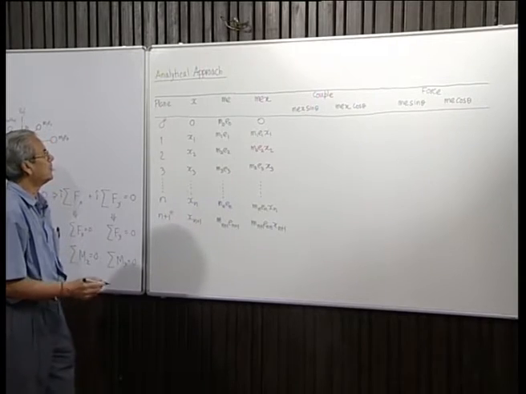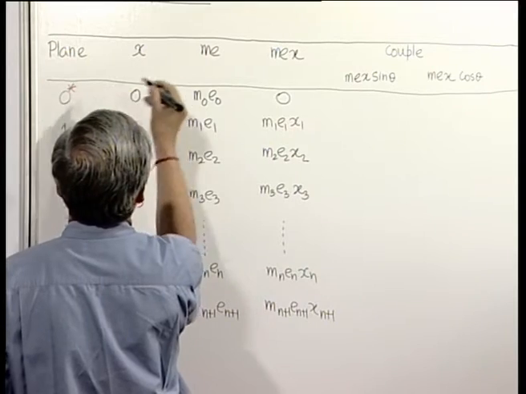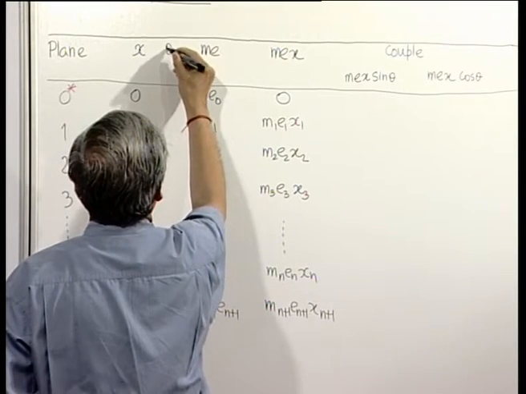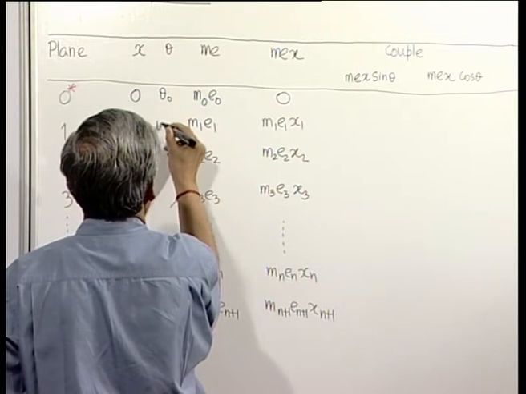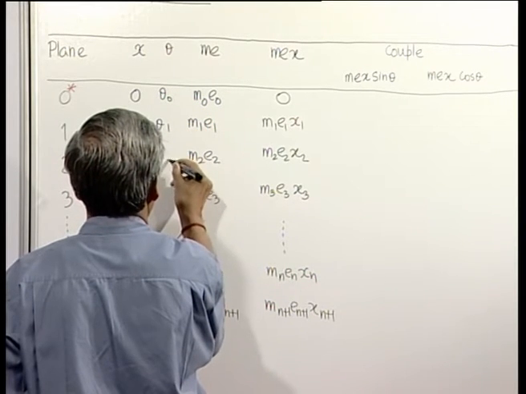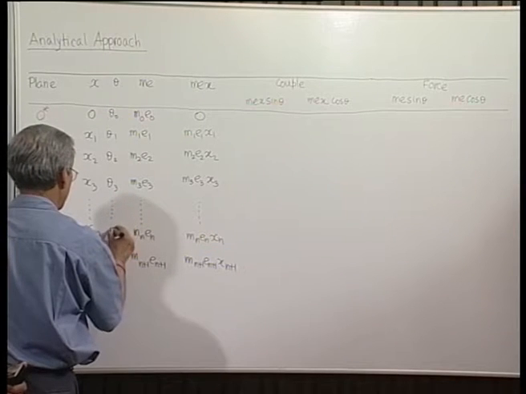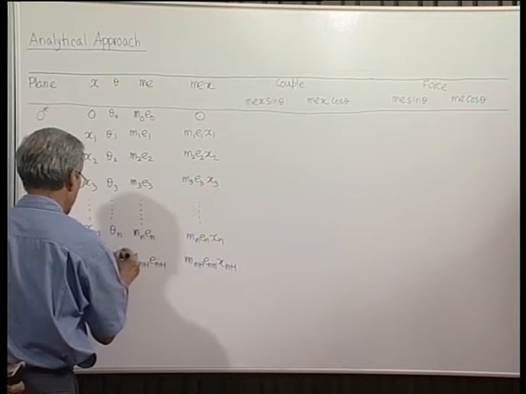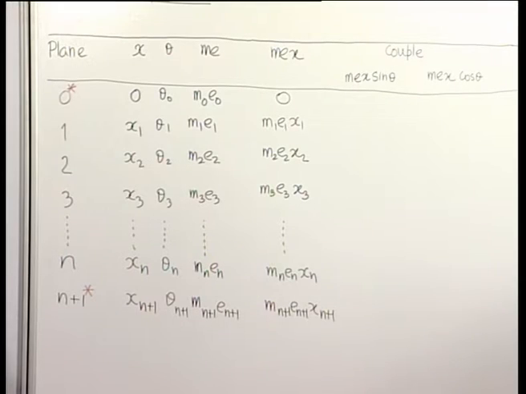Now, of course, I have not put theta here, I should put it somewhere here also. So, it will be theta 0, theta 1, theta 2, theta 3, theta n plus 1. Here theta 0 and theta n plus 1 are not known.